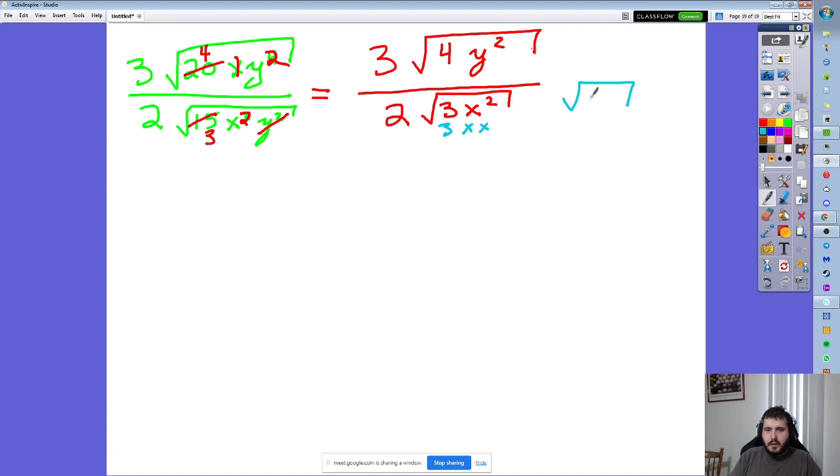There's 1 here. I need 1 more. How many x's do I need to make a pair of x's? The answer is I don't, right? There's already 2 x's here. I don't need to do anything with that. That's already going to be fine. That's awesome. All right, now, since there's a 3 on bottom, we got to put a 3 and a radical on top.